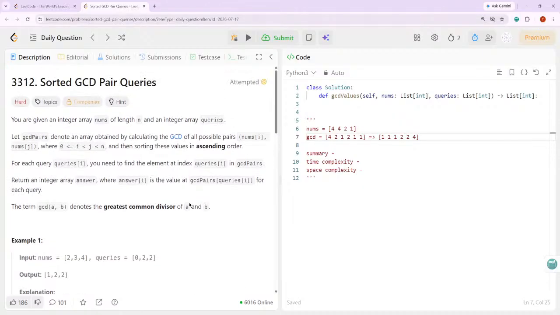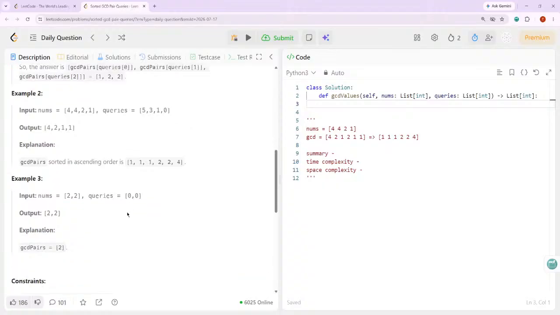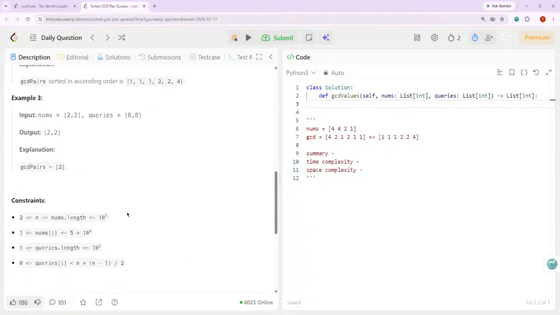Okay. So I assume that's going to be too slow if I actually calculate all the GCDs, 10 to the 5th. But I guess I should probably try it anyways. No, I just know it's not going to be fast enough to iterate over all the possible pair values and take the GCD. GCD is log n, or log k or whatever.